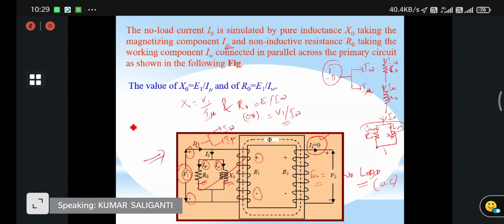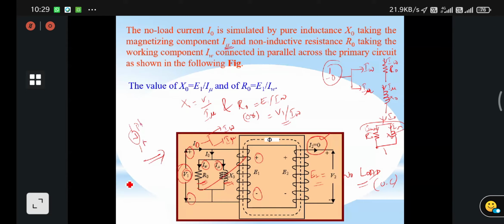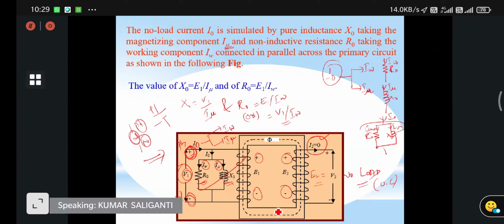In AC we have phase and neutral, but for understanding I have marked plus and minus. In DC we have positive and negative, but in AC we have phase and neutral. The positive represents phase and the other neutral. When you are preparing, you may get some doubt, so that's why I'm telling you here.